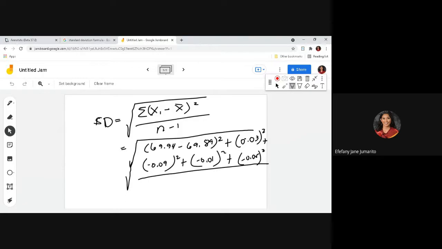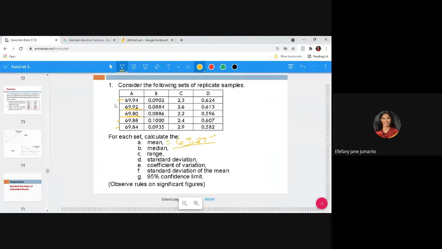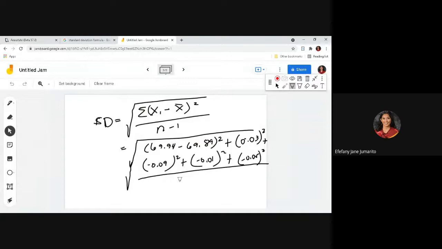What's the value of n? 5. 5 minus 1, 4. Okay, you do this one class. 69.94 minus 69.89. That is 0.09. Okay, then you square. So solve that one class.